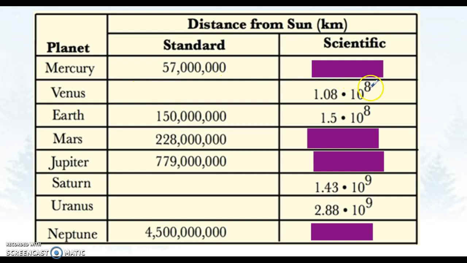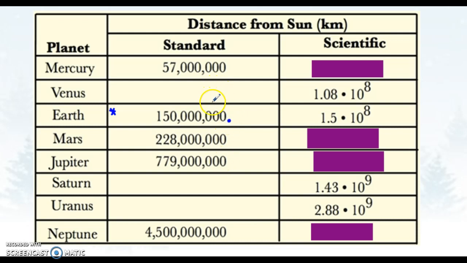And these are positive exponents, and we'll take a look at the example for Earth because that's the one we're given. We have 150 million, and that's equivalent to 1.5 times 10 to the 8th. On the block day, we talked about some imaginary things in math, and one of those was a decimal point. I don't see a decimal point here, but that decimal point lies at the end of the number.